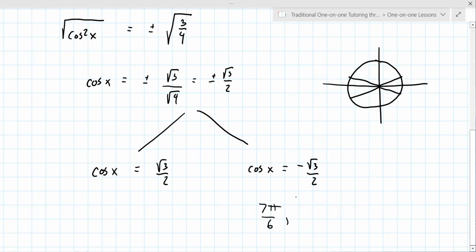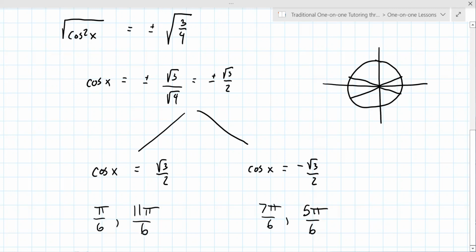So is 5 pi over 6. And then pi over 6 is positive root 3 over 2. And then 11 pi over 6.